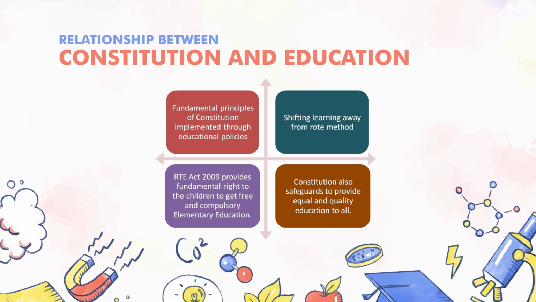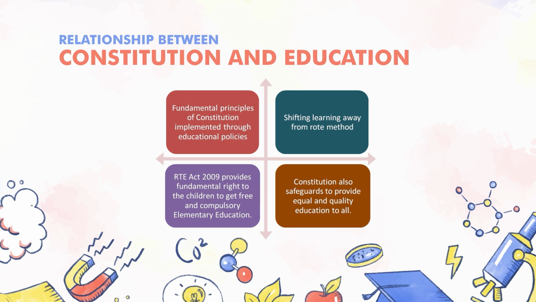The constitutional provisions are further implemented through different educational policies, educational schemes, and educational projects. In this way, we can say that the fundamental principles are related with different educational policies, and constitution and education are interrelated with each other.